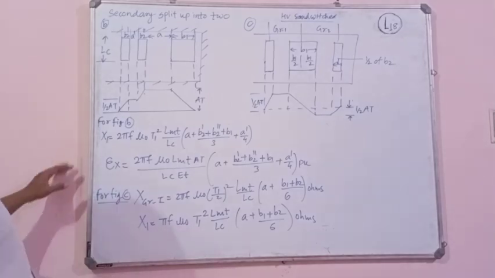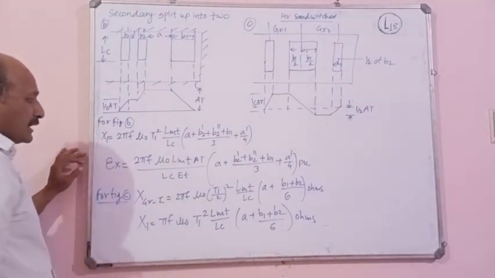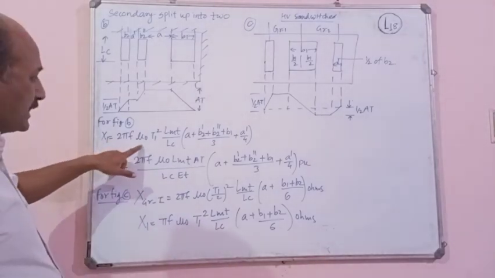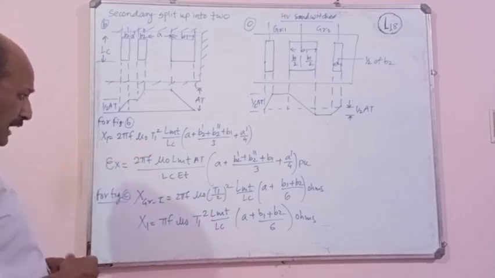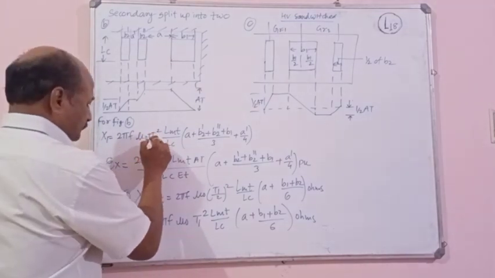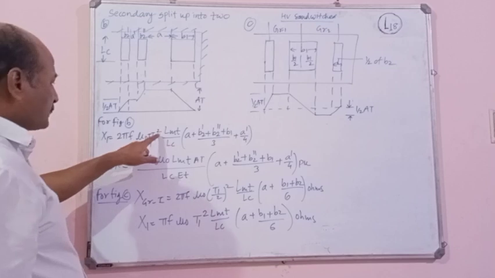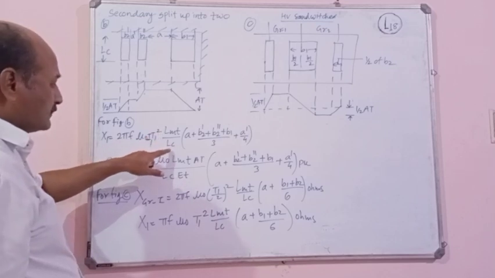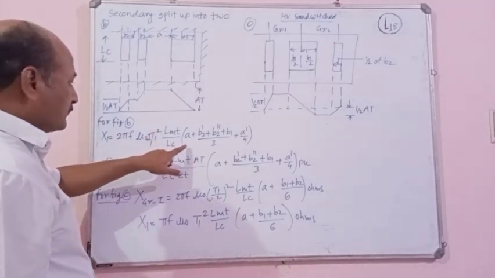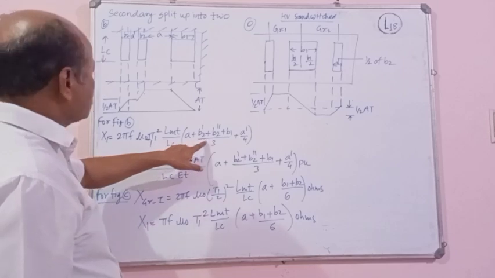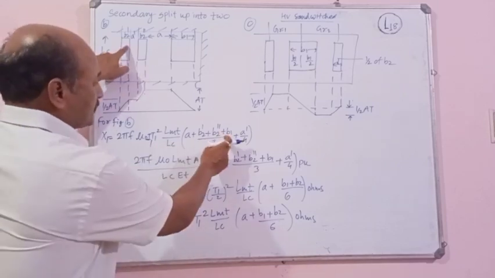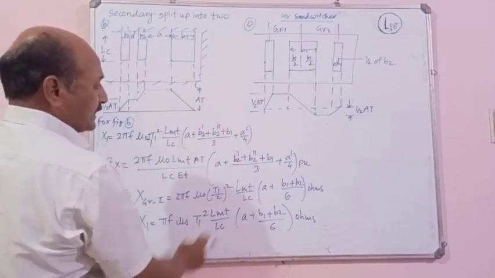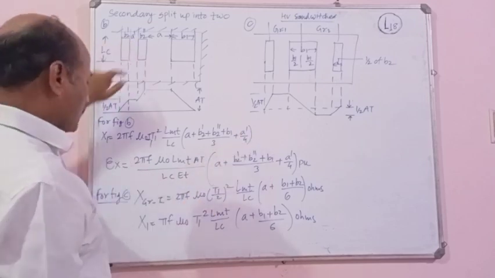So from figure B, you can write directly x1 equals 2 pi f mu 0 I1 into T1 square LMT by LC, then A plus B2 dash plus B2 double dash plus B1 by 3 and A dash by 4.